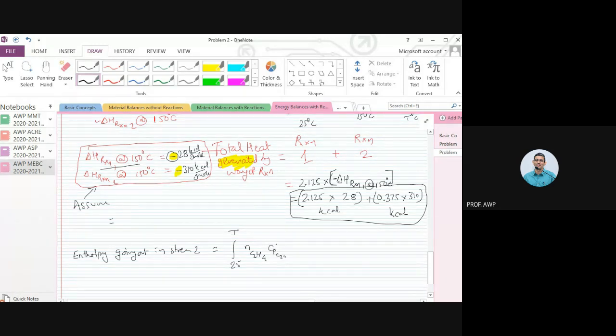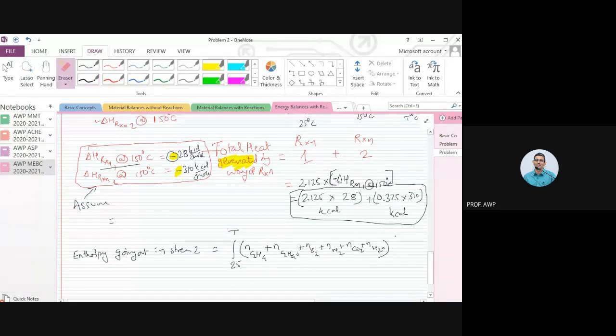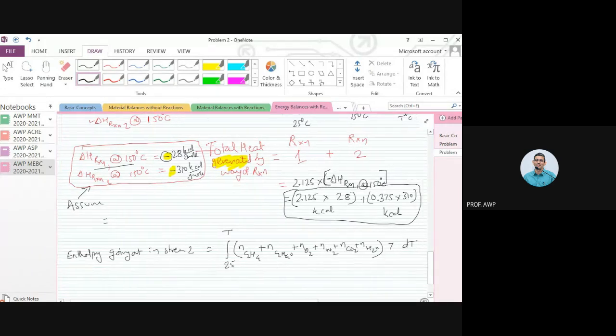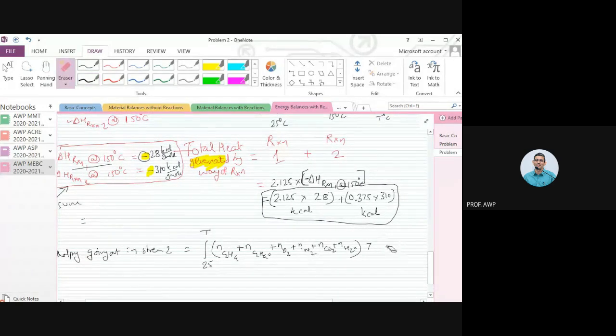And because all the Cp's I have given are the same, it is number of moles of ethylene plus ethylene oxide plus oxygen plus nitrogen plus CO2 plus water in the vapor state, into Cp of ideal gas. So that is just 7 into dT. And because Cp is independent of temperature, I don't need to do this integration. It is just T minus 25.